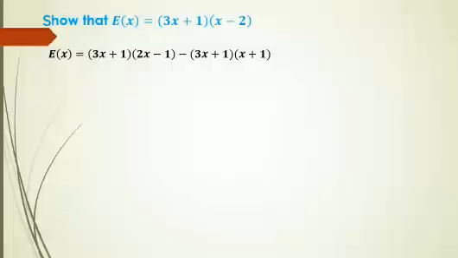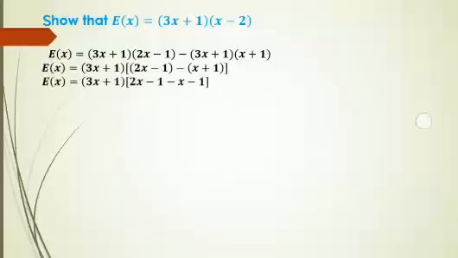So we have to take the common factor in this expression, which is 3x plus 1. We get 3x plus 1 into 2x minus 1 minus x plus 1. Calculate this expression to get e of x equal 3x plus 1 into x minus 2.